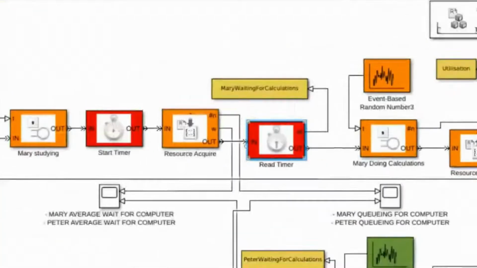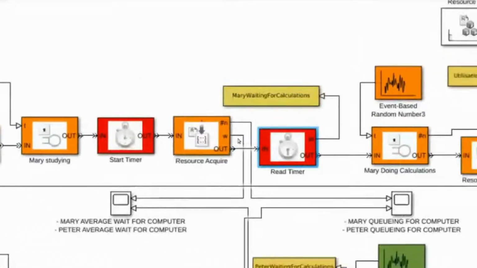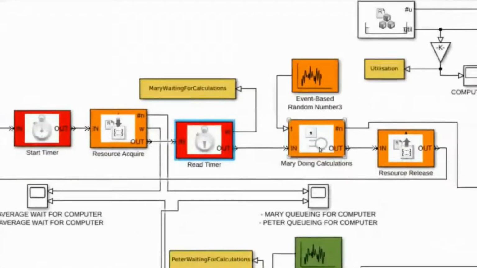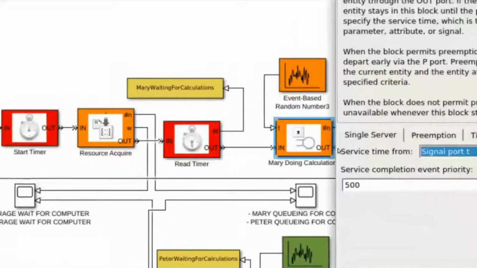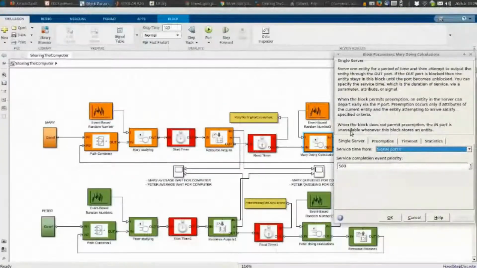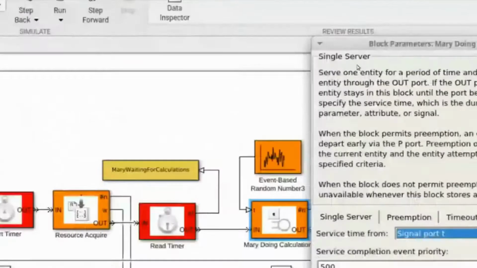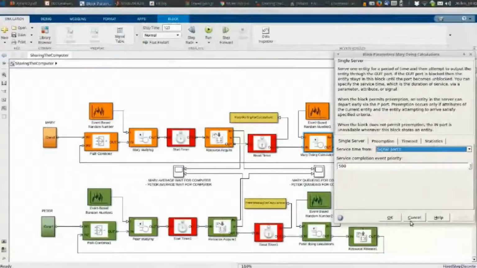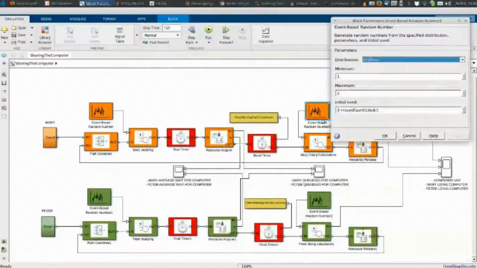Then once Mary has the computer, then Mary is doing calculations. So again, a single block, as you can see here, single server block, single port T, and this T will be a probability density function with a uniform shape, okay? Here we have 1 minute, 2 minutes.